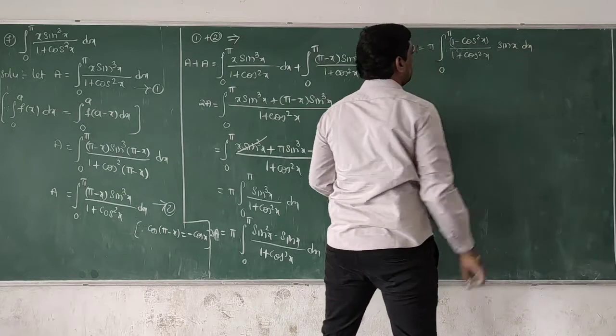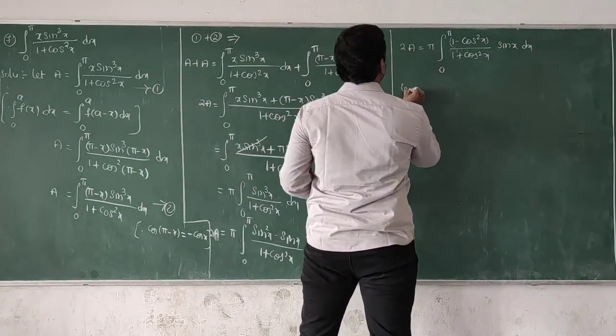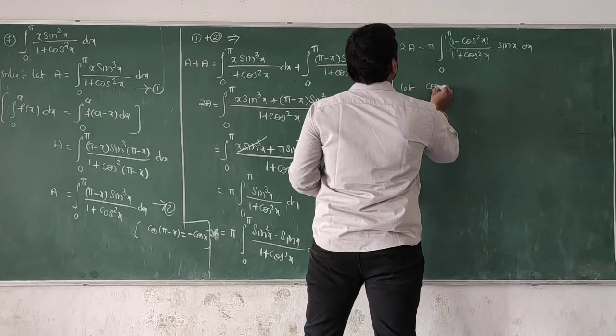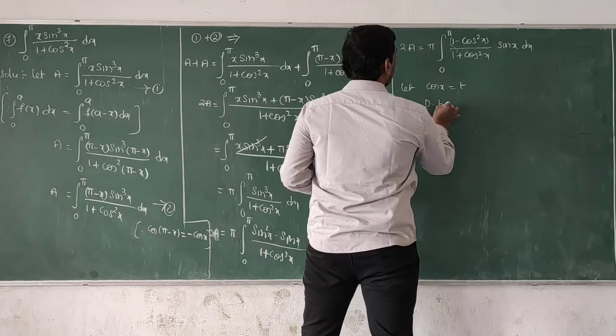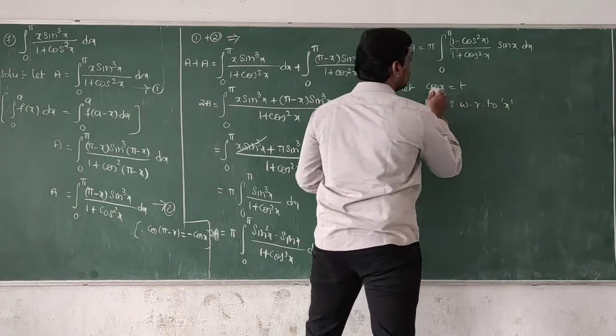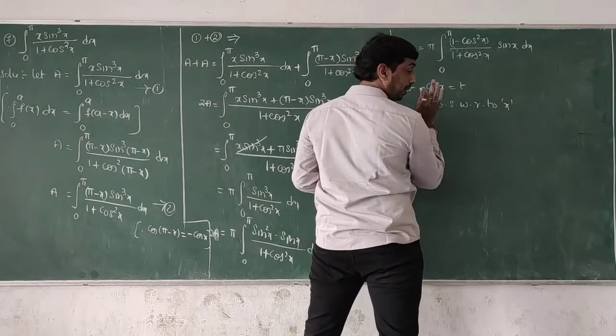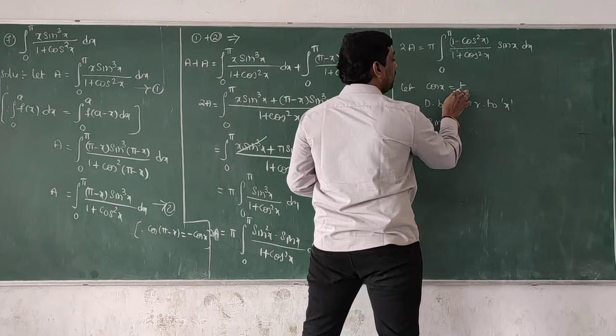Sin x into dx. In order to finish this solution, here we use the substitution method. What does that mean? Let cos x equal to t. Okay. Differentiate both sides with respect to x. Cos x differentiation is minus sin x equal to dt by dx.